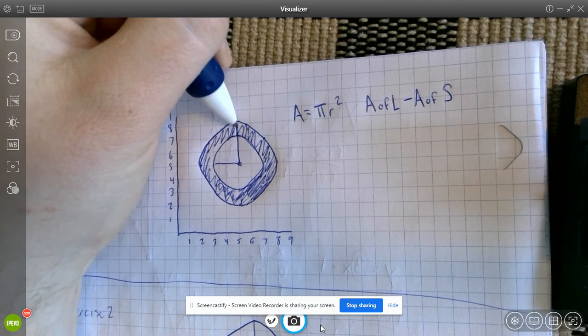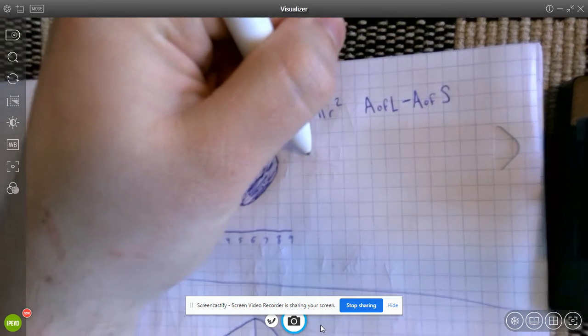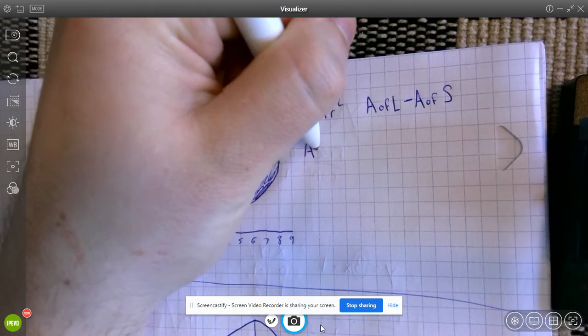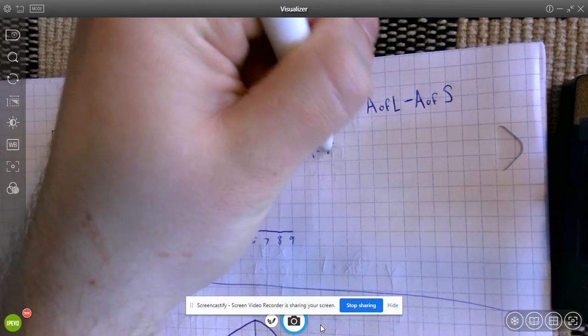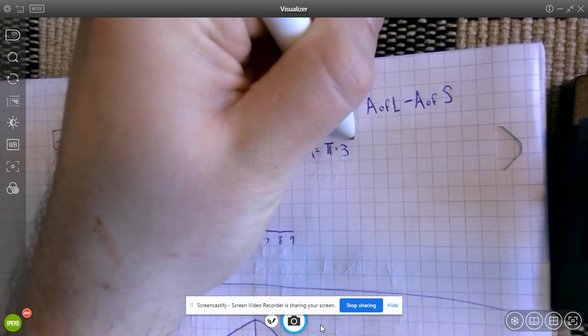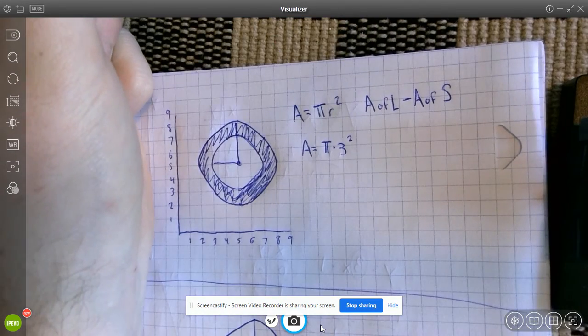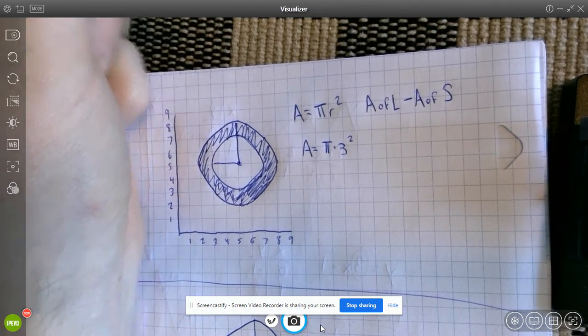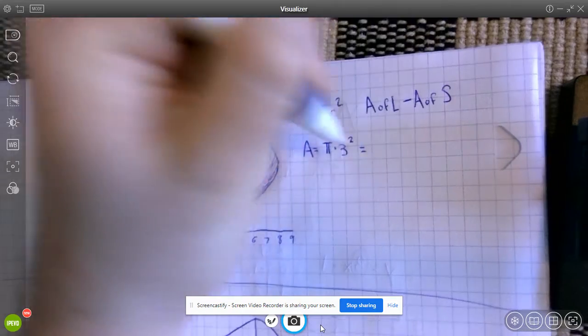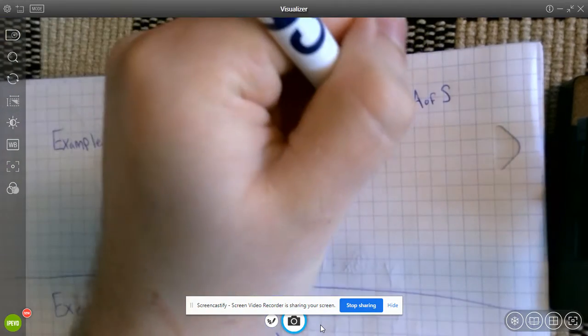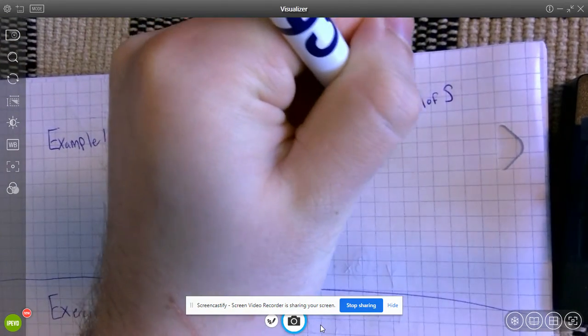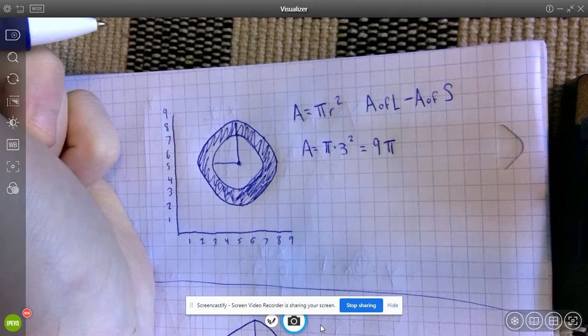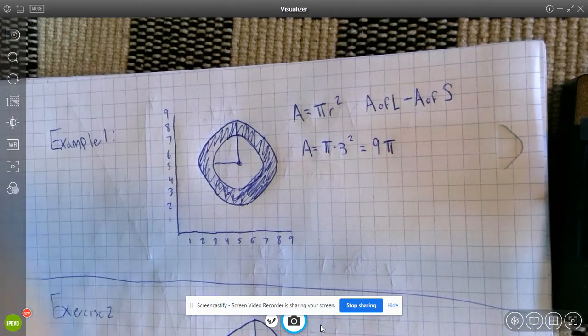The large circle has a radius of 3, so our area is going to be pi times 3 squared. Remember, 3 squared means 3 times 3, so our area is going to be 9 pi. Now we could use 3.14 for pi as well.